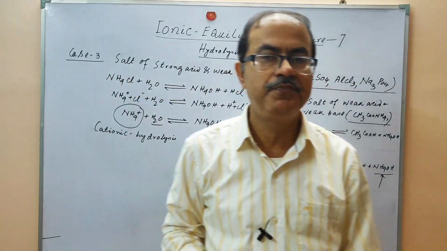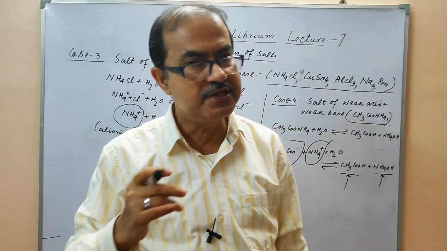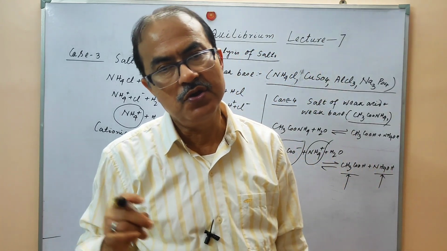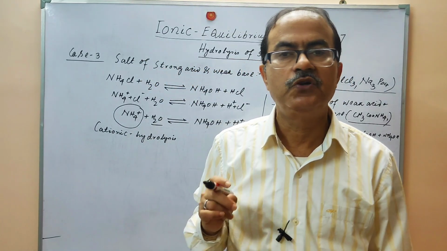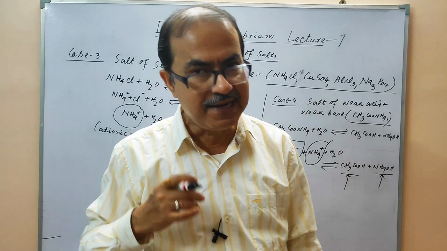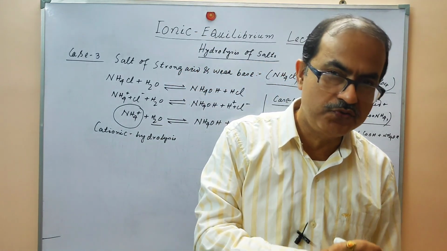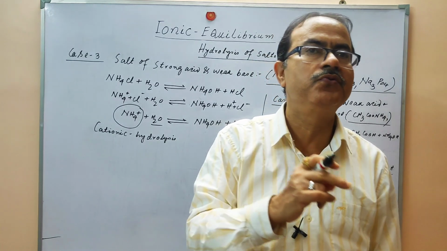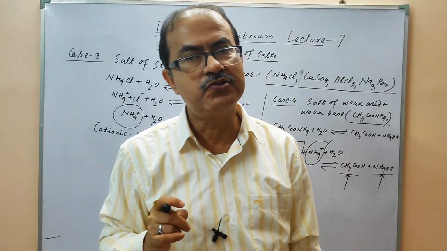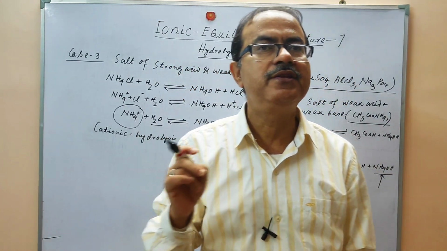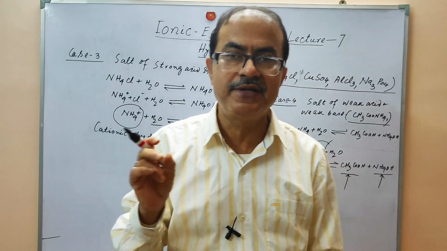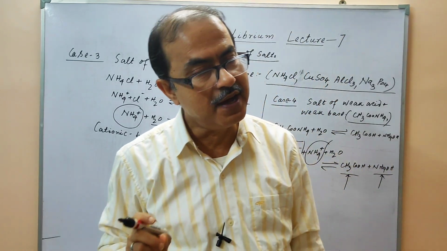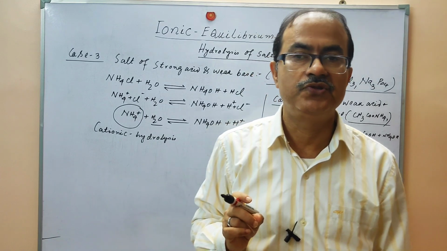We have already discussed what hydrolysis is: basically the interaction of the cations or anions with the water. When it is a cation, it is going to produce an acidic solution. When it is an anion, it is going to produce a basic solution. And when both cation and anion interact with the water molecules, it is going to produce a weak base and a weak acid solution.